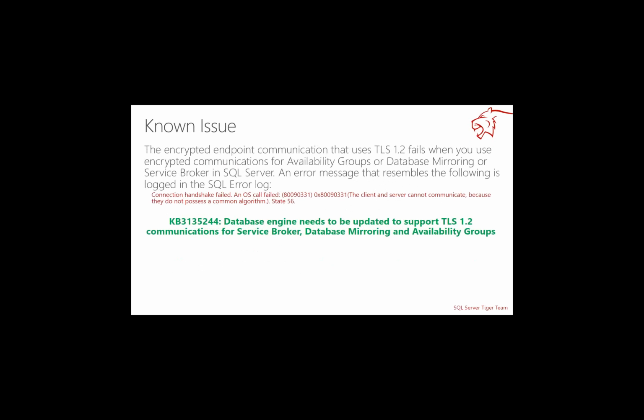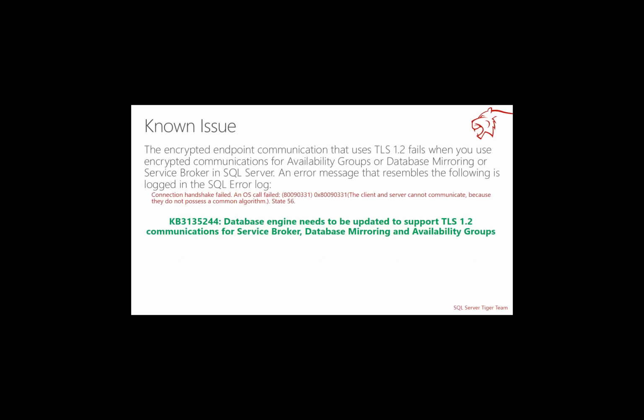The other known issue is around availability groups or database mirroring or service broker. All of these endpoints use the service broker protocol, and if you're encrypting that endpoint for the service broker or the availability group or the database mirroring, the endpoint traffic can fail if both the servers don't have the required database engine updates.